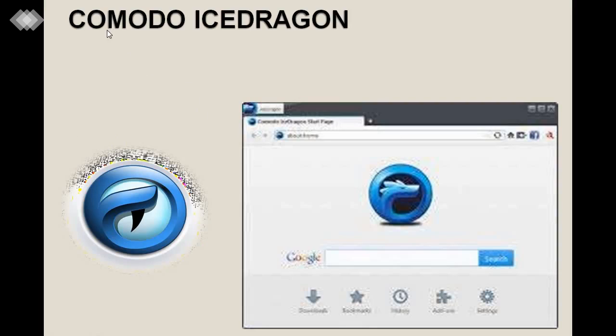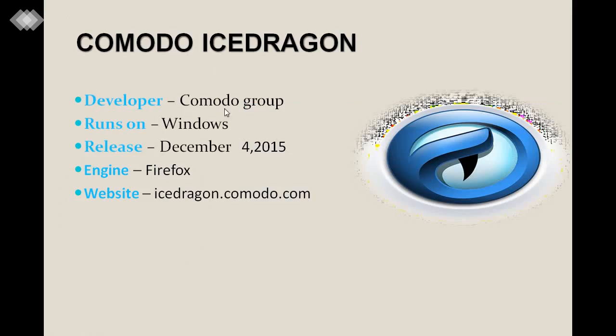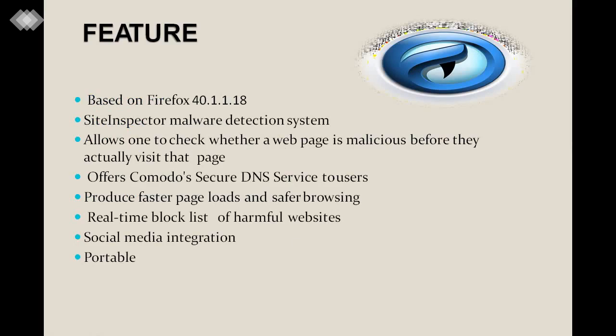Next is Komodo IceDragon. This is the symbol of Komodo IceDragon, and this is the web page. The developer was Komodo Group, it runs on Windows, and was released in 2015. The engine is Firefox. Here is the website I have mentioned: icedragon.comodo.com. Features: it is based on Firefox.